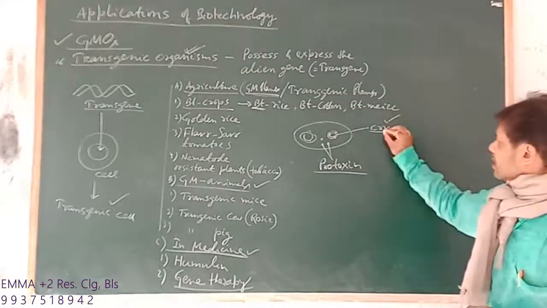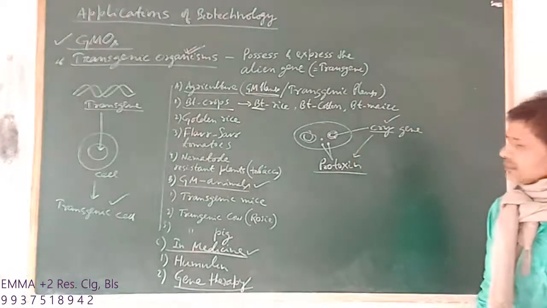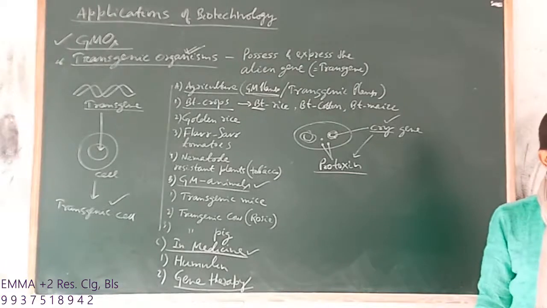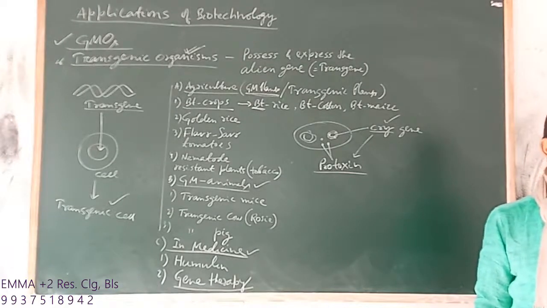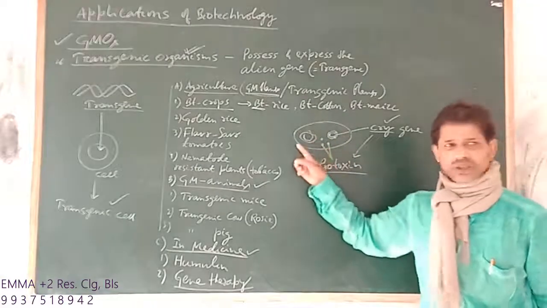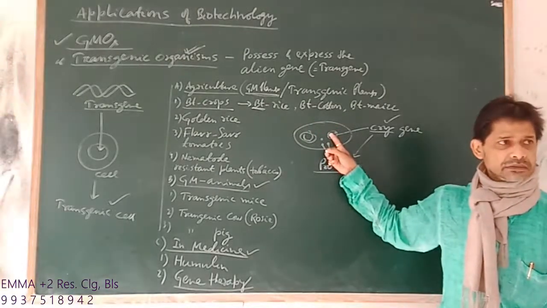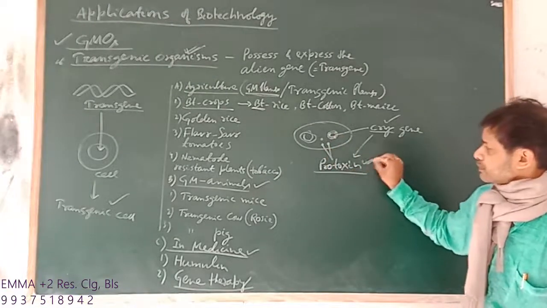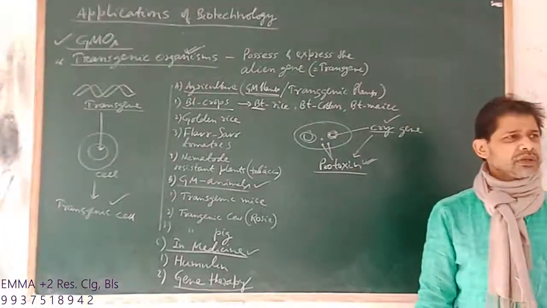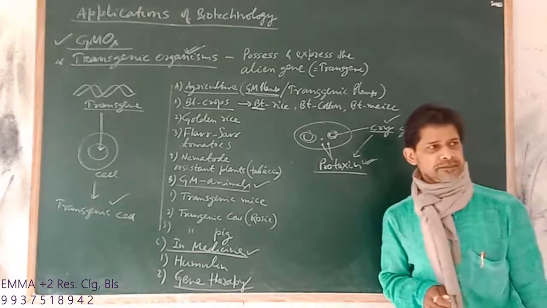So the cry gene is expressed to form an inactive protein called protoxin. So this bacterium Bacillus thuringiensis remains unaffected in presence of this protoxin. This is not a functional toxin, it is an inactive toxin.